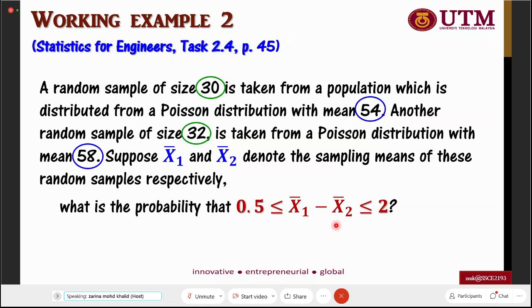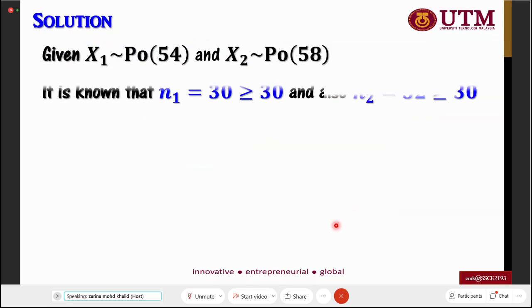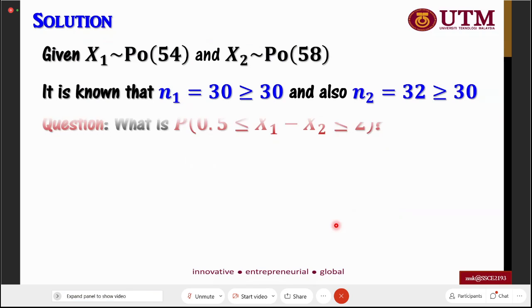So you sample from Poisson populations with those parameters, and you need to define the distribution for X bar 1 minus X bar 2. So define the distribution first. What is the distribution for X bar 1, guys? X bar 1 alone.